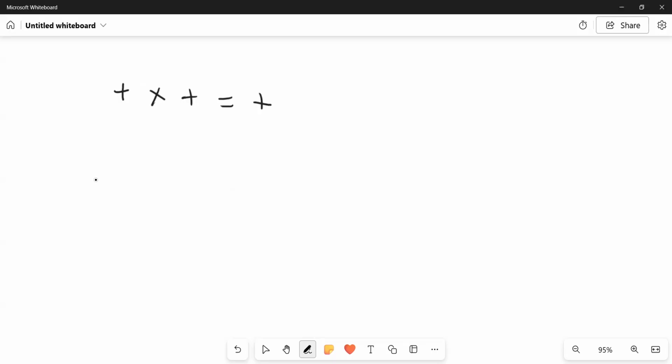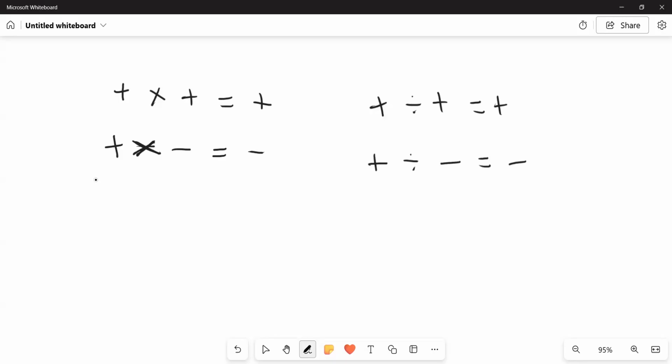Same is true for division. A positive number divided by a positive number gives you a positive number. A positive number multiplied by a negative number gives you a negative. In the same way, a positive number divided by a negative number gives you a negative.